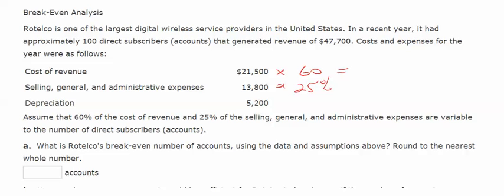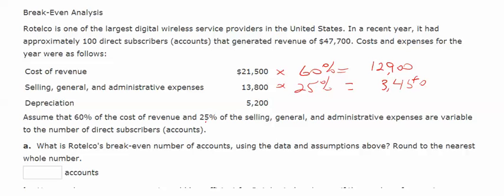So 21,500 times 0.6 is 12,900. All right. And for my general selling and admin, that's supposed to be 25%, so I'll take the 13,800 times 0.25, $3,450.